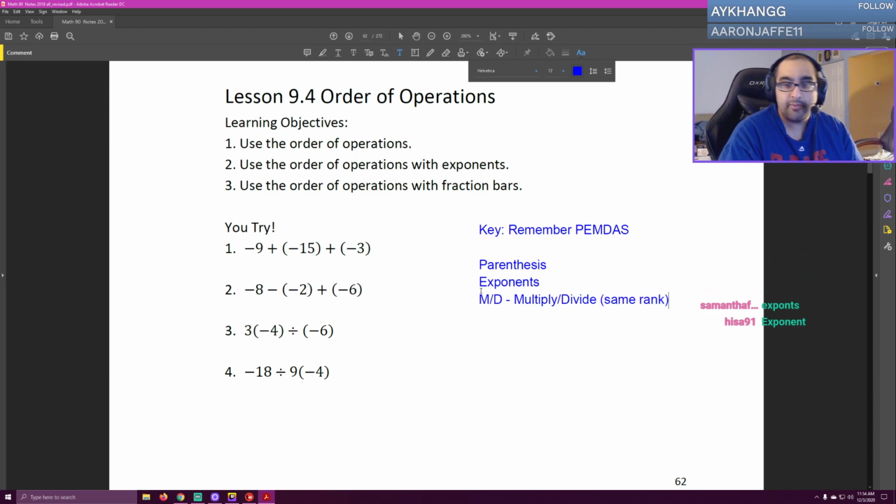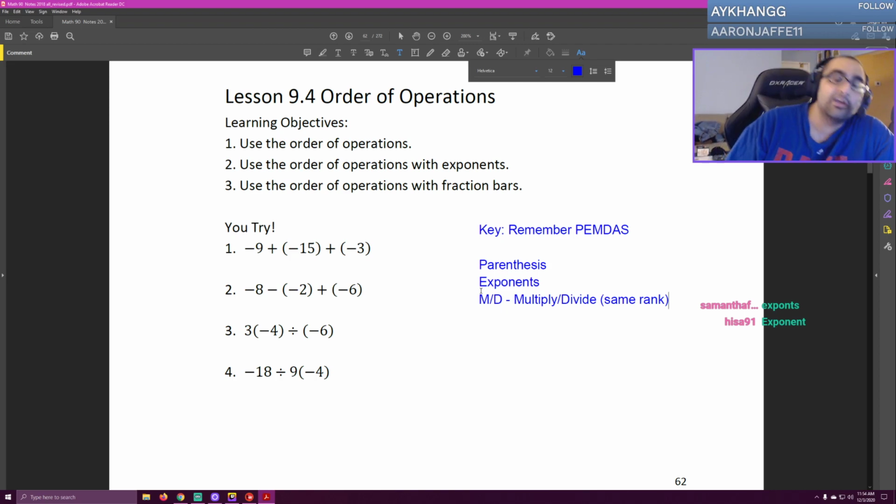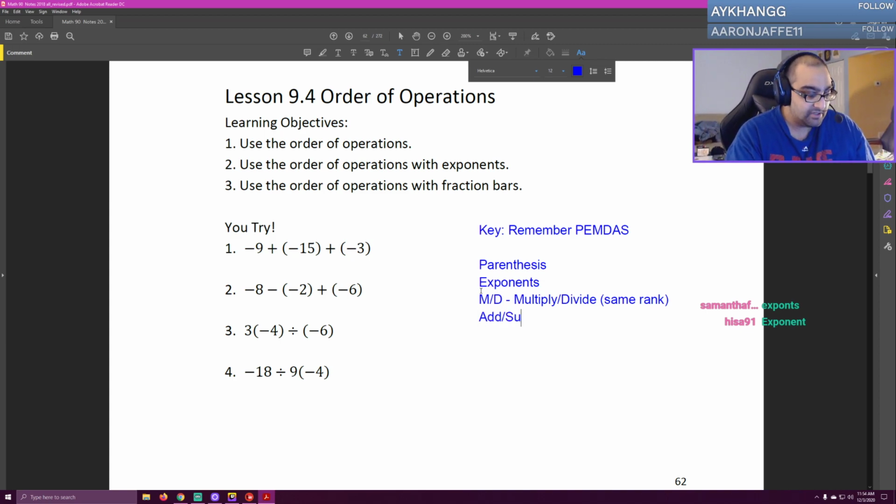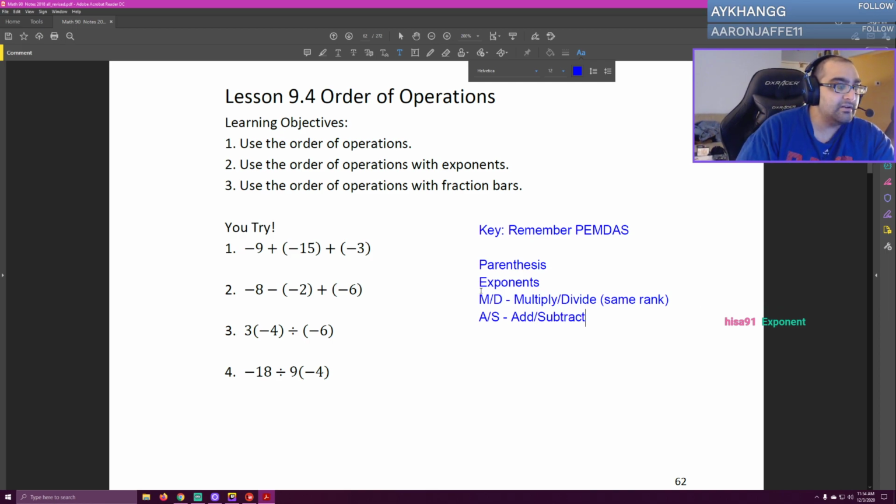What we talked about last time is that multiply and divide are on the same level. And A and S here are add and subtract, our last two. Again, same rank for that.